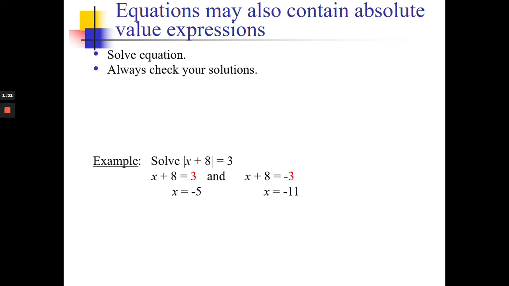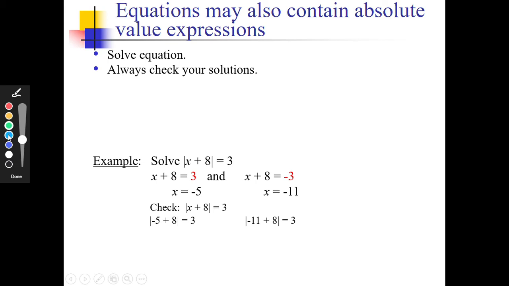X is equal to negative 5 and X is equal to negative 11. Now, if we want to know if these two solutions are correct, we can check by using substitution. So let's take a closer look.